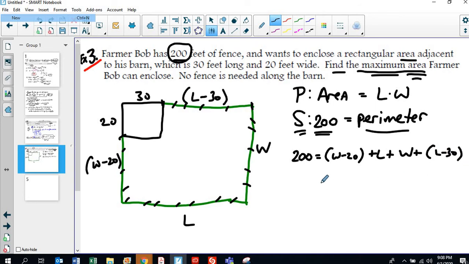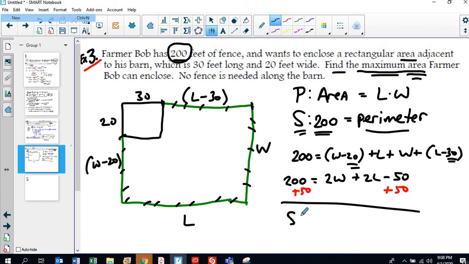So it's not 2L plus 2W, it's 2W plus 2L minus 50. We have the minus 20 and the minus 30 that we combine. And if we add 50 to both sides, we get the secondary equation: 150 equals 2W plus 2L.